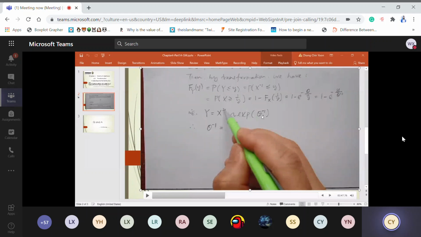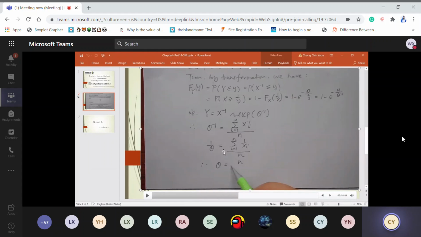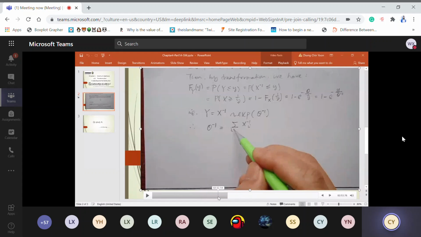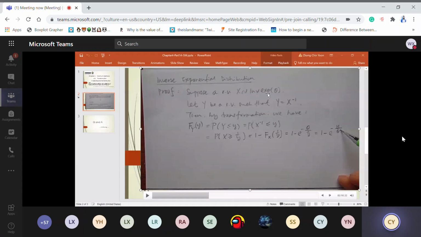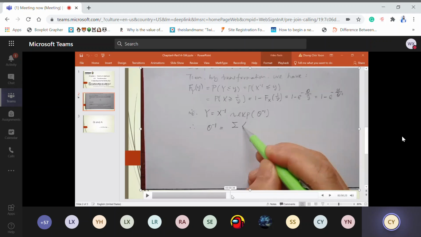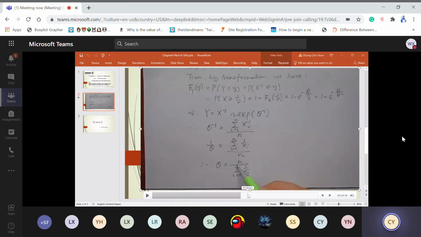This 1 over theta is a parameter of exponential. So when I have 1 over theta, I change it to theta, and now theta is the parameter of the inverse exponential. That's a trick. So we have done proving this formula.